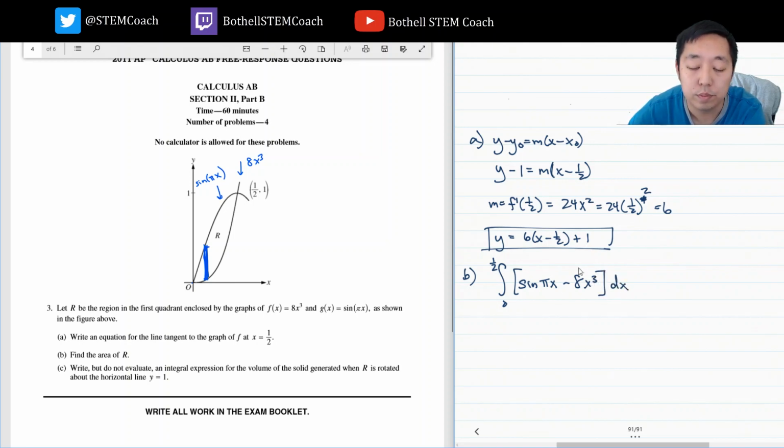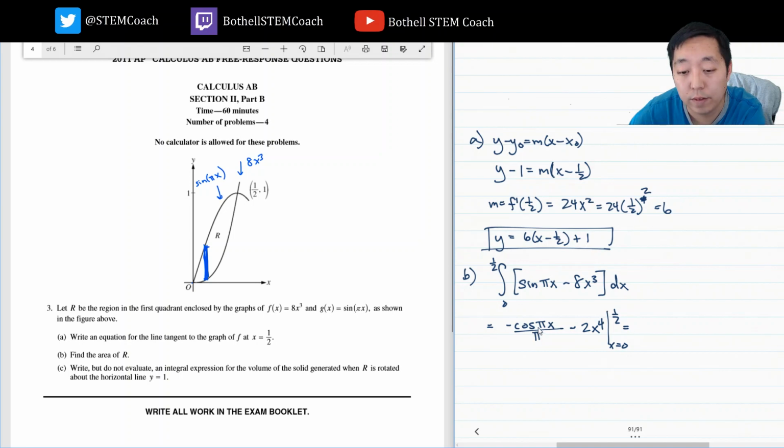Okay. So then the antiderivative of sine pi x is negative cosine pi x over pi, minus 8/4, which is 2x to the 4th, evaluated at x equals 0 to 1/2.